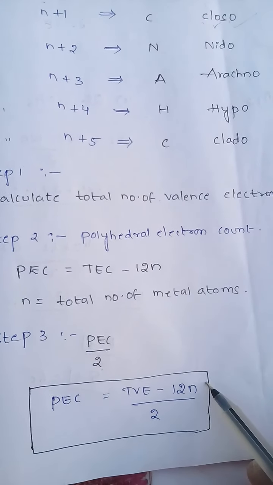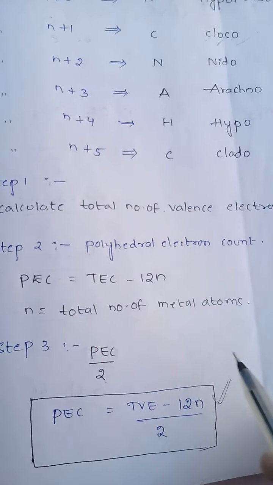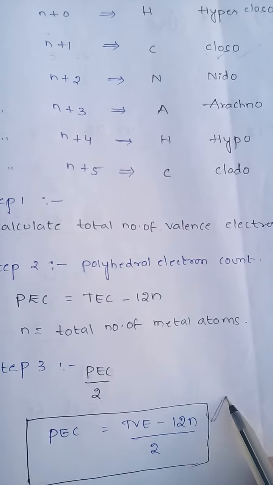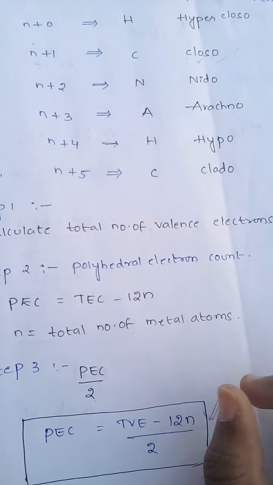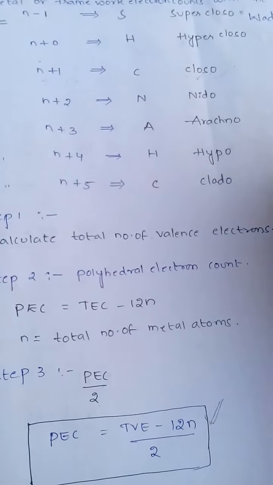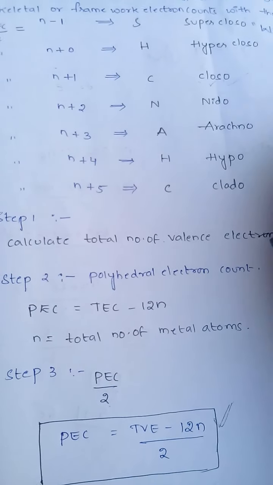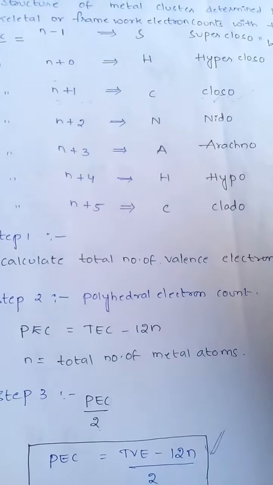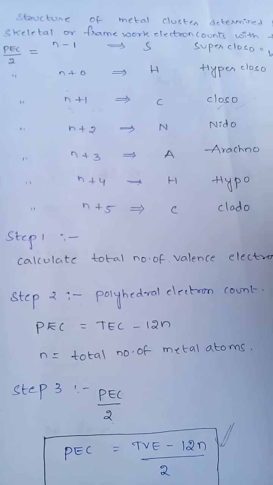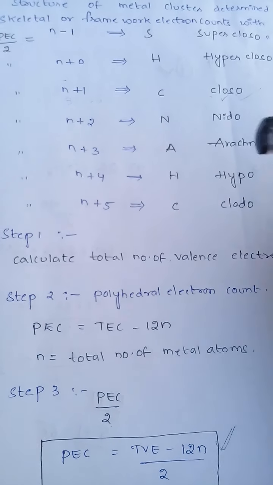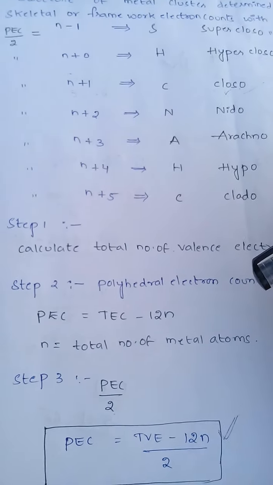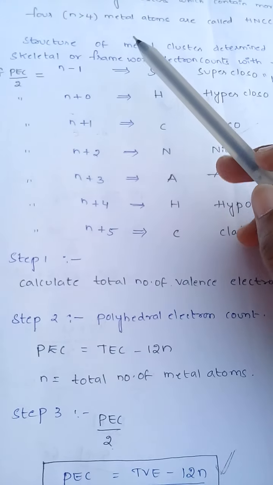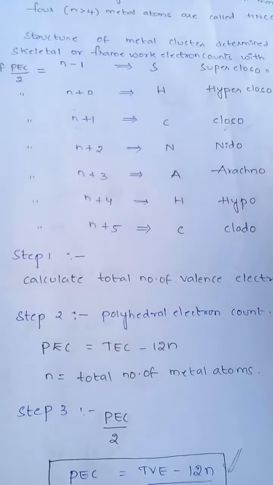So this is the most important formula to determine the structure of metal cluster for high nuclearity carbonyl clusters with the help of Wade's rule. And this Wade's rule is only for carbonyl clusters, and there is also another method for boranes or carboranes.